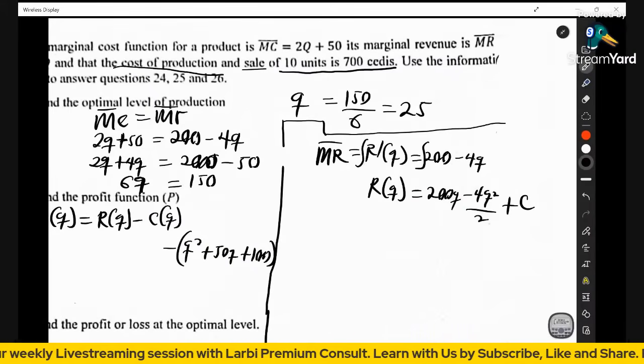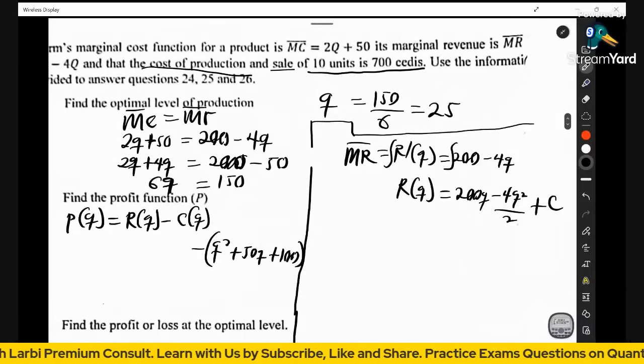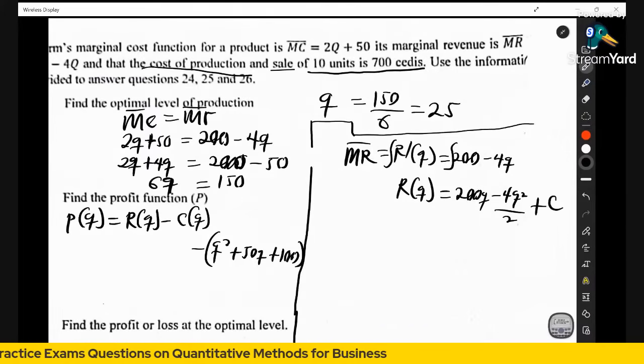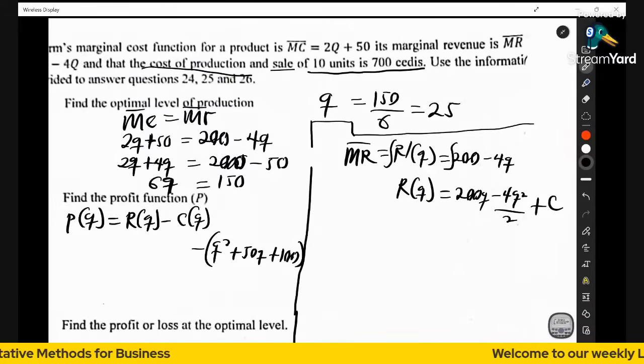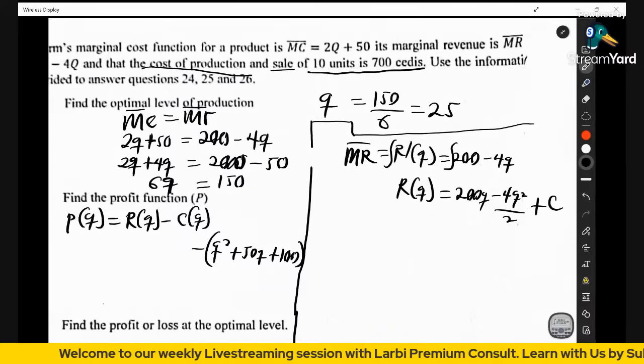Once you get a constant in that line, since the number of units that was given was for the cost, and they didn't provide us the revenue, we can't use the 10 units. When we say at the production level of 10 units, what is that revenue? We don't know. We can make an assumption, because it's possible that a business cannot operate indefinitely in the foreseeable future.